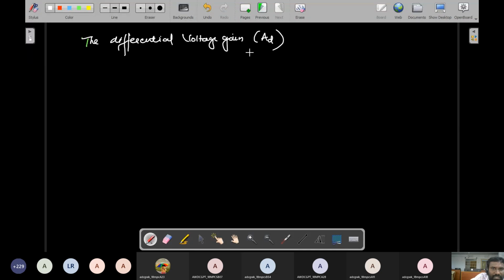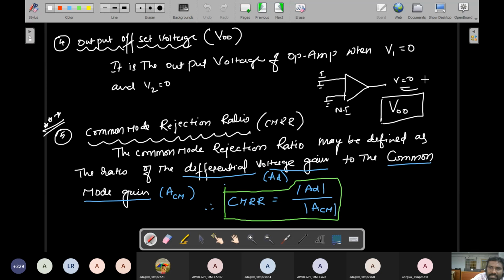Actually, the operational amplifier output voltage V0 is equal to some gain times the input voltage. Input voltage means VD, that is called differential voltage. In an op-amp you give inputs to the inverting and non-inverting terminals.